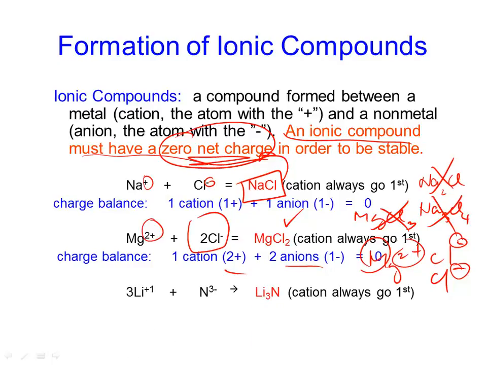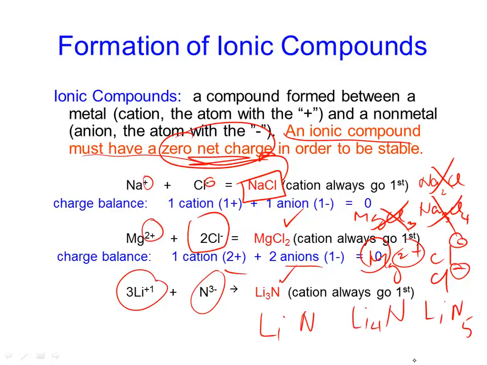If I got lithium 1 plus cation and nitride anion, I need 3 of lithium cation to balance with 1 nitride anion. Nitrogen wants to take in 3 electrons, and lithium can only give 1, so I need 3 of those. So this is the correct formula. In other words, if I give you a bunch of formulas like this, I can just make up anything I want.